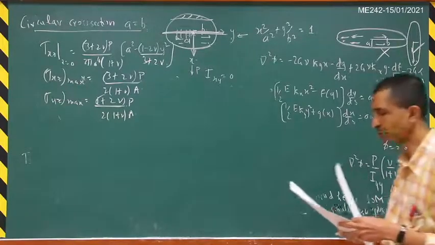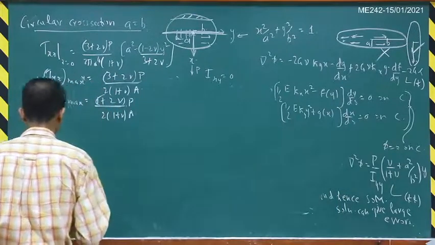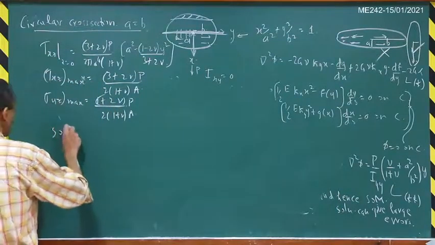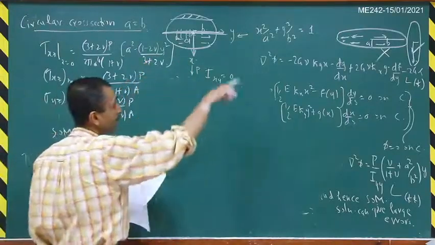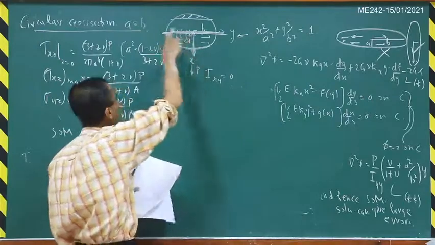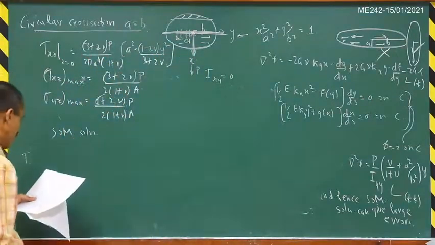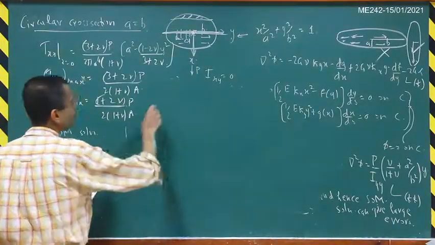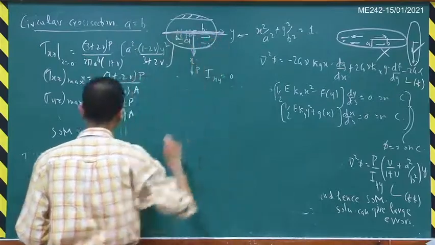Okay, if you now look at your strength of materials solution, the SOM solution, if you recall, we will get this parabolic type distribution through that formula VQ by IB. And then the maximum shear stress will occur along the center line, correct?